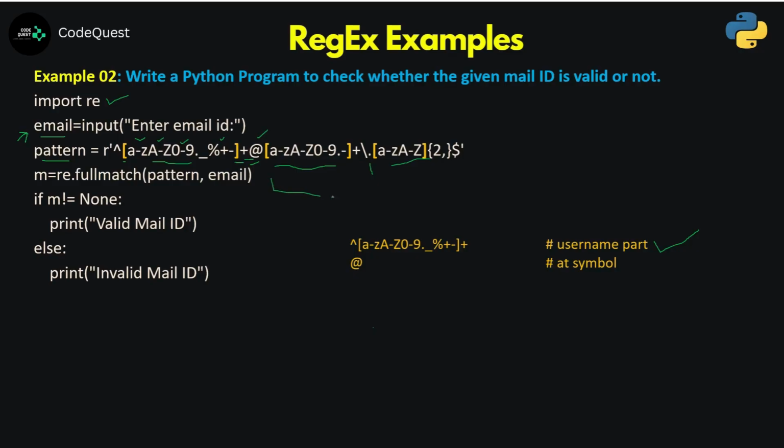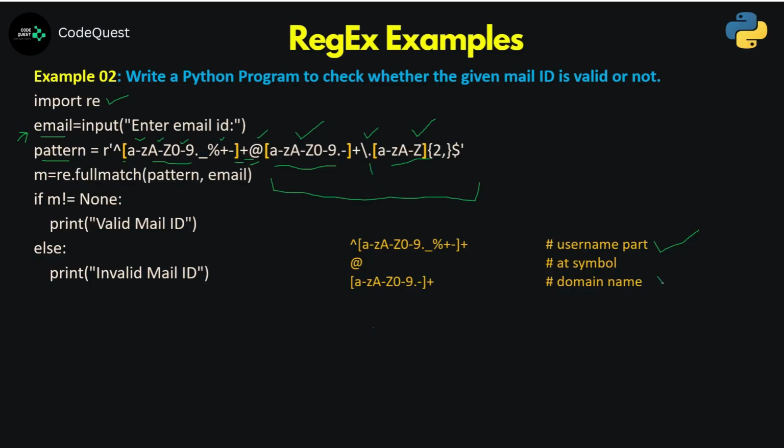Now the remaining part after the @ symbol can be divided into two parts. One is your domain name, and there is a mandatory dot followed by your top level domain. Now the domain name once again can accept any alphabets, that is lowercase or uppercase, along with some digits, and some dot is also allowed, right?